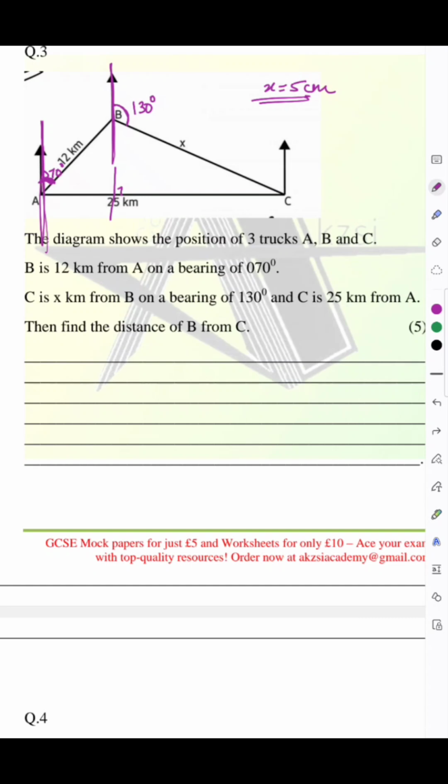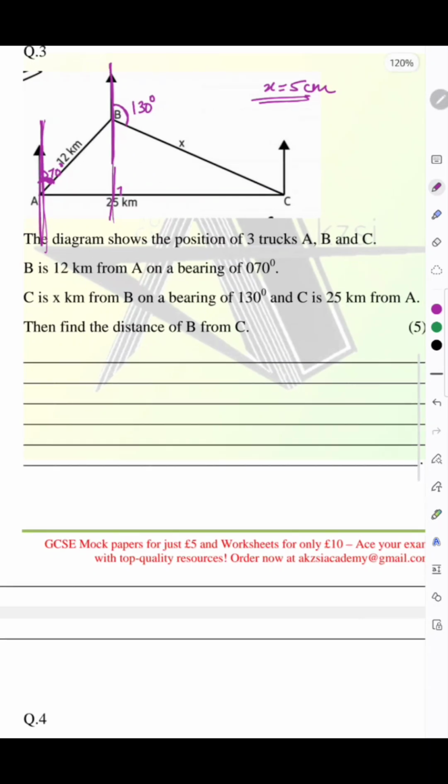So if two lines are parallel and one transversal is there, if I draw separately, this angle is 70. These two are interior angles and the sum should be equal to 180, which means this remaining part will be 180 minus 70, that is 110. So if this is 70, then this will be 110.